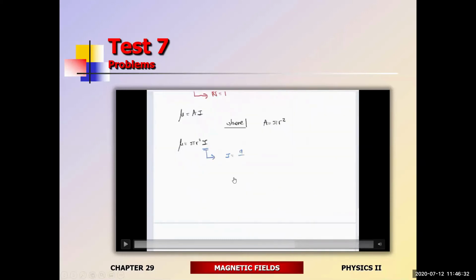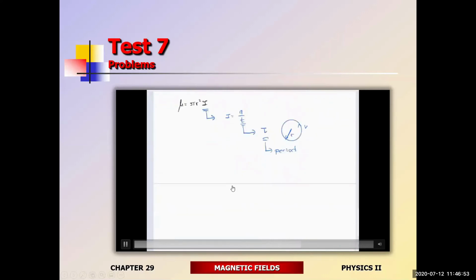Now we need an expression for the current. Current is the net charge per second, so we can express it in terms of the period of this motion. Capital T is going to be the period, the time it takes for the electron to make a single cycle at constant speed. Speed is circumference over period, and circumference is 2 pi r.